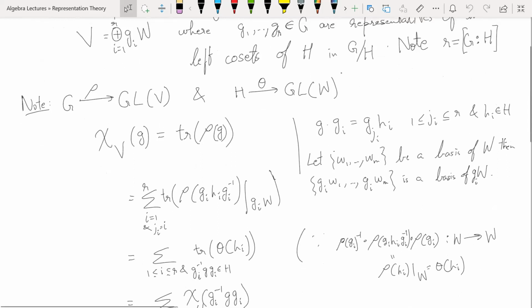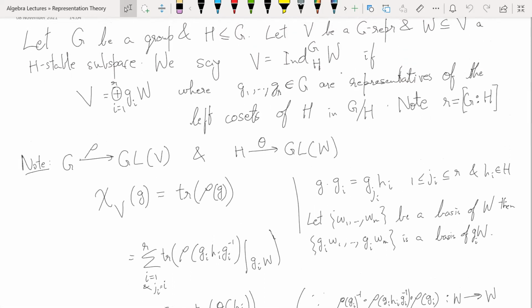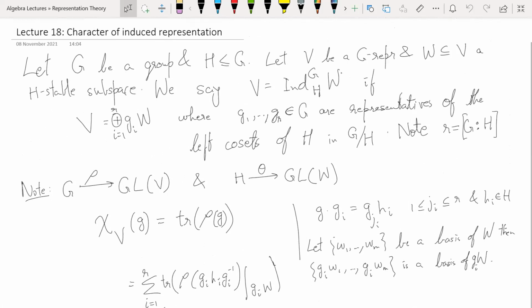So now we want to relate the character of the induced representation. We want to compute the character of V in terms of the character of W. I'll give you the formula today. So this is just analyzing how things happen. What is the character of V?